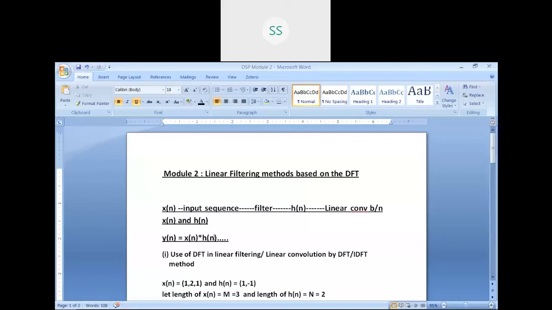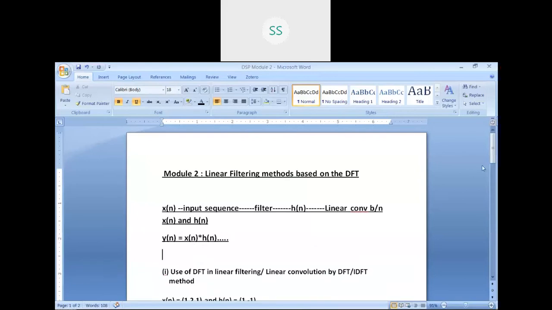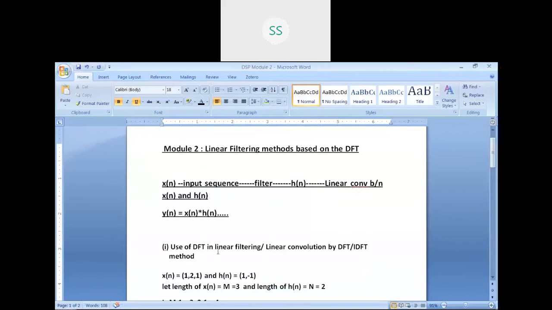Now how can this filtering operation be done using the discrete Fourier transform? That is our topic. So your first topic in this module will be use of DFT in linear filtering. How can you perform the linear filtering operation with the help of DFT?